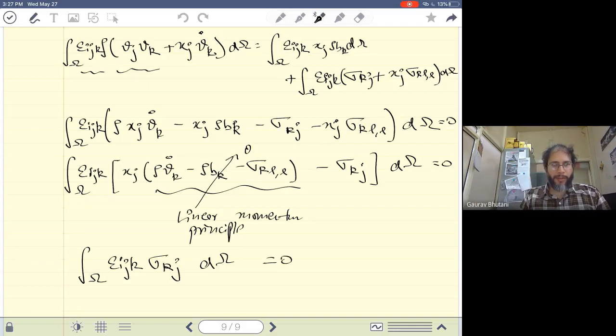This is exactly what we got earlier while applying the angular momentum conservation for equilibrium equations for systems under equilibrium. So this implies that sigma jk is symmetric.